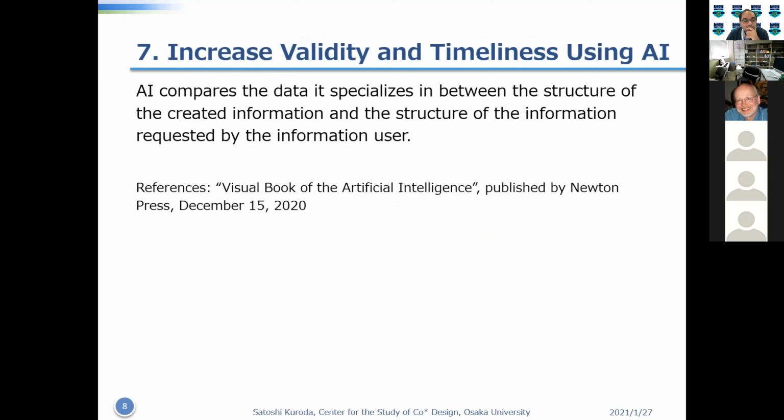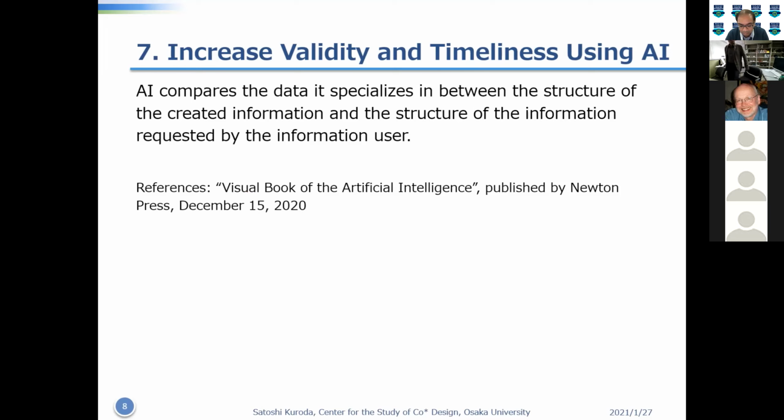The seventh, increase validity and timeliness using AI. AI compares the data it specializes in between the structure of the created information and the structure of the information requested by the information user.